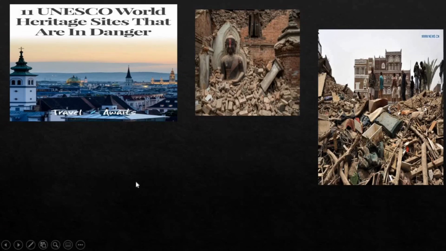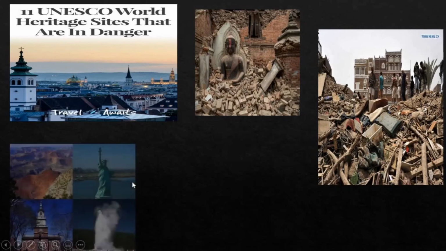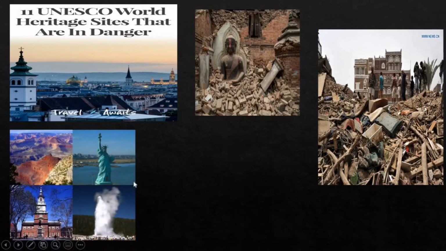Now, these World Heritage Sites that are in danger are put on a special list of World Heritage Sites in danger. This allows the World Heritage Committee to allocate resources from World Heritage Fund to that site.